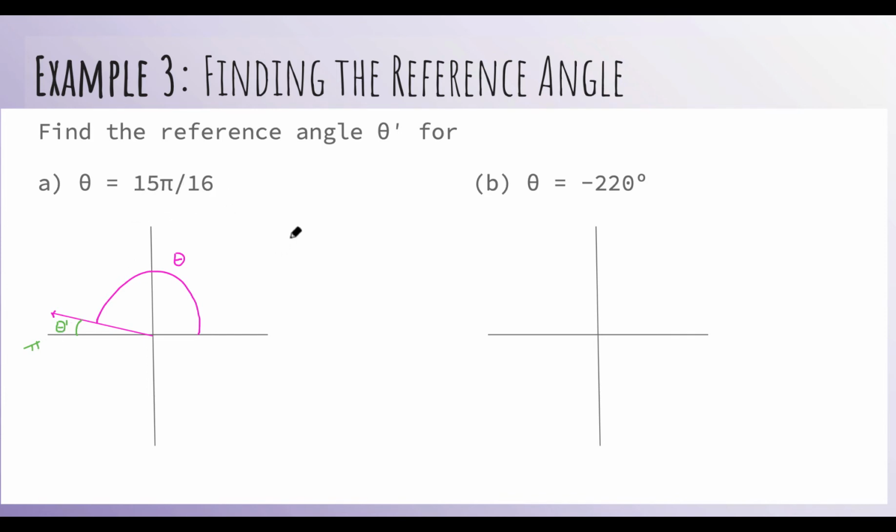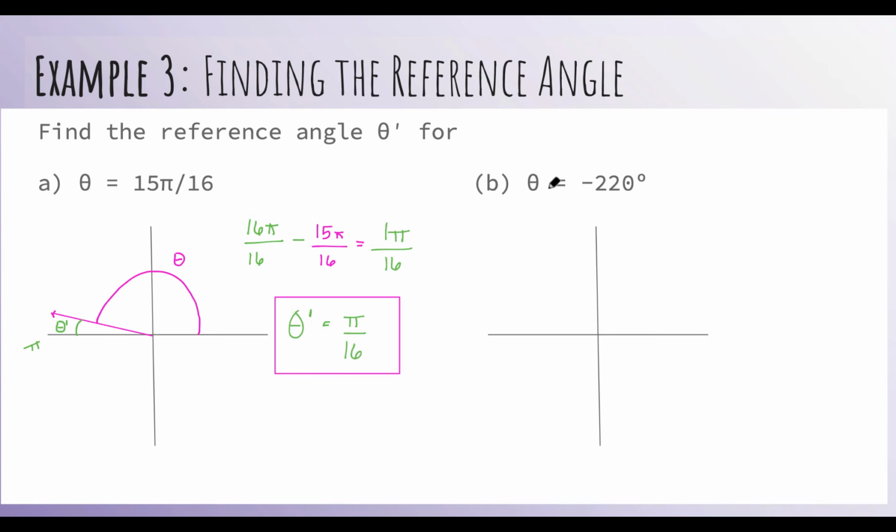We could write pi as 16 pi over 16. That's 1 pi minus 15 pi over 16, which is our angle measure theta. When we subtract, we end up with 1 pi over 16. So that's our reference angle. We're going to write theta prime is equal to pi over 16.